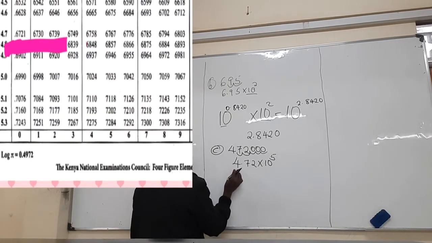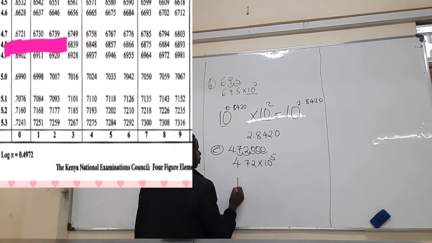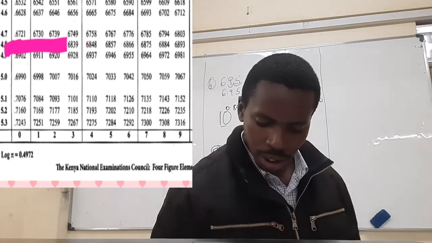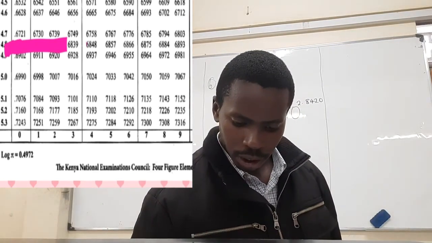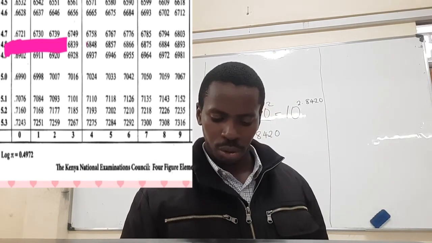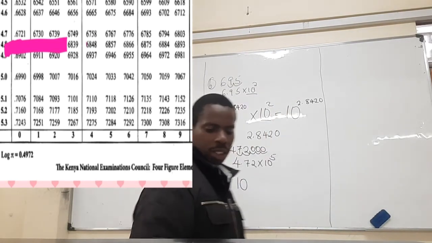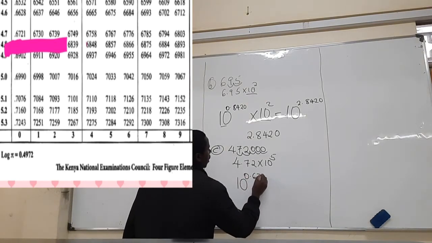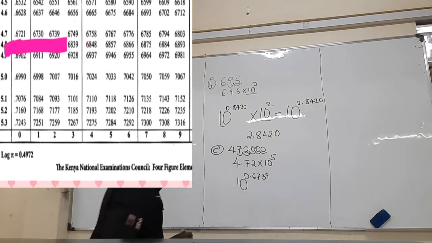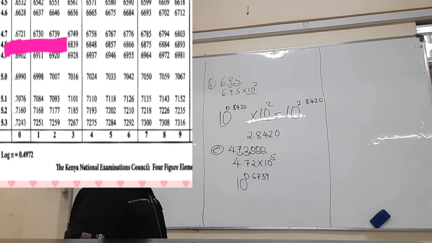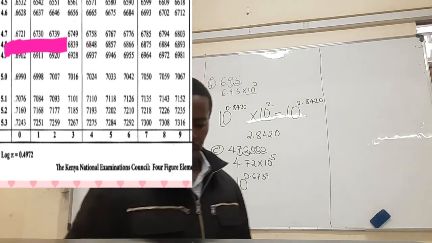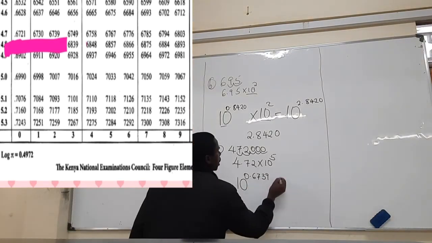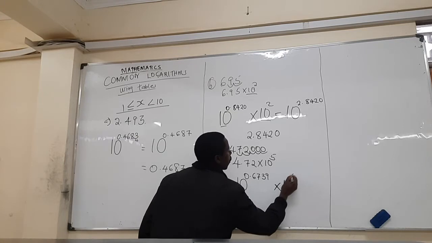Then we find the logarithm of 4.72 from our table. 4.72 is going to be 10 power what? 4.72 is 0.6739. That is the logarithm of 4.72, the same as 10 power 0.6739. Then you multiply by 10 power 5.